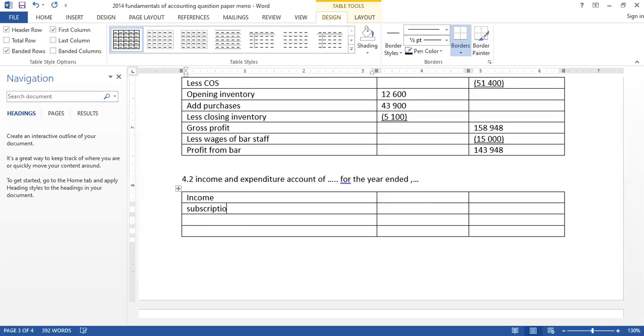So we have subscriptions. Now looking at subscriptions, we have accruals and prepayments. We are told that we received in total 12,100. But if you look at the additional information, you are told the subscription paid in advance by members at 31 August 2013 amounted to 2,700. So we have a prepaid income there. And what did we say about prepayments at the end of the period?